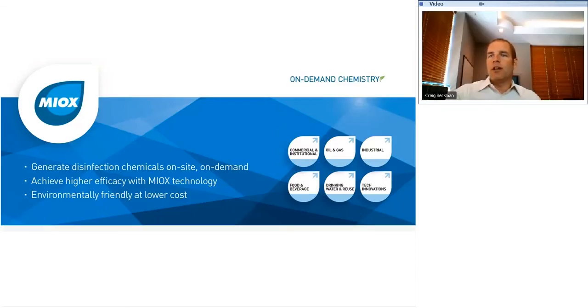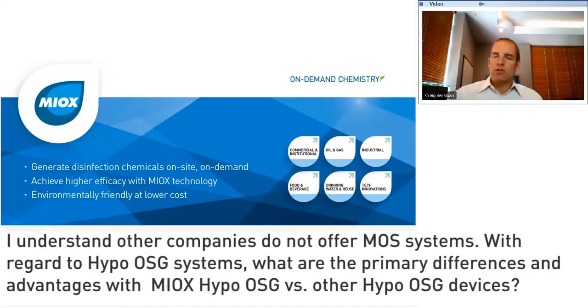Okay, I got another question on the difference between the mixed oxidant chemistry and straight sodium hypochlorite. We do get this question a lot, primarily because there are not other companies in the industry that are offering the mixed oxidant chemistry. And our opinion is that all electrolytic cells produce some form of other oxidants.